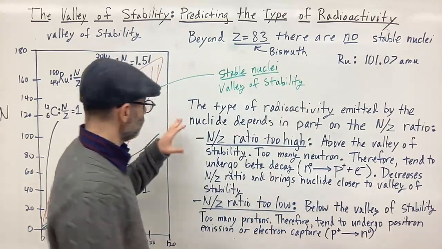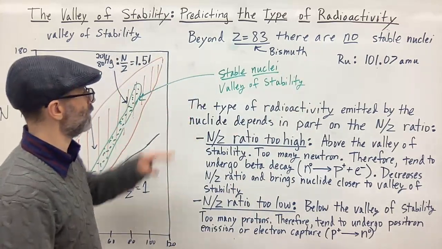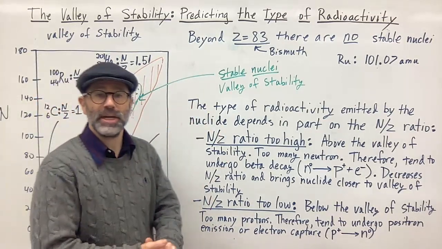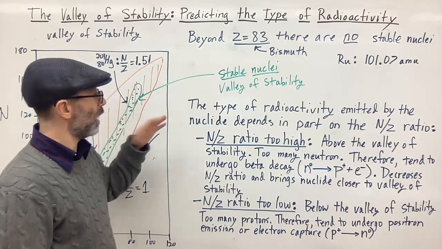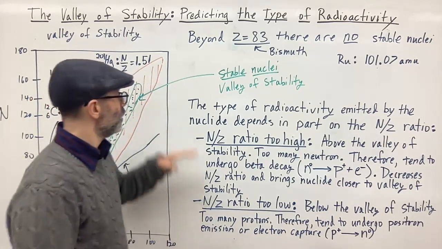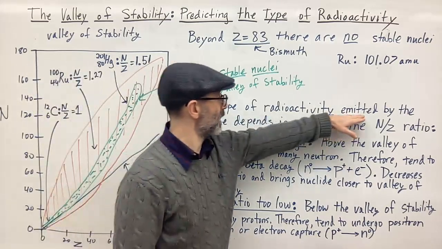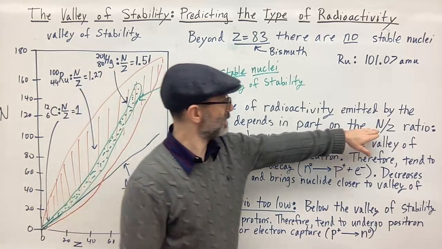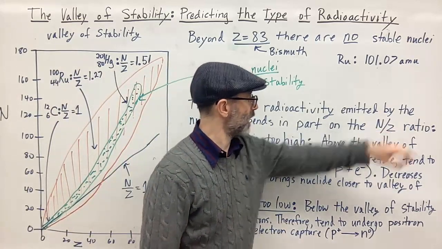Getting into the prediction of the type of radioactivity, we can predict what type of radioactivity a nuclide is going to undergo. The type of radioactivity emitted by the nuclide depends in part on this neutron to proton ratio.